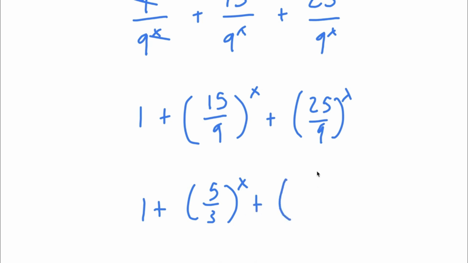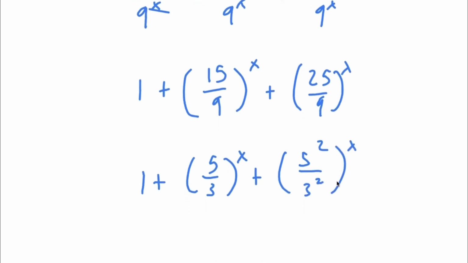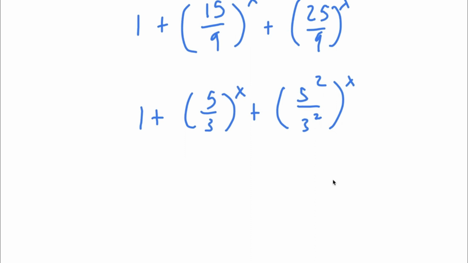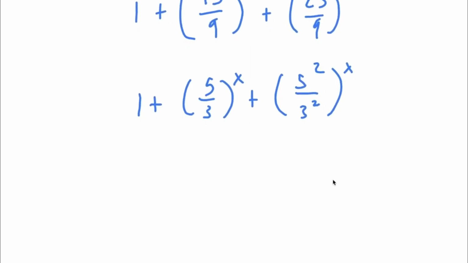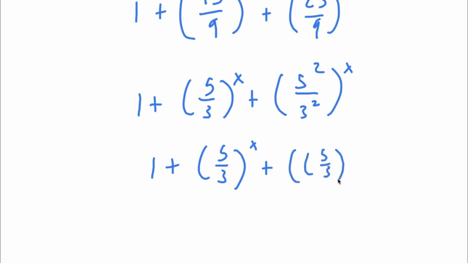Now 15 over 9 is going to simplify to 5 over 3. And 25 is the same thing as 5 squared, and 9 is the same thing as 3 squared. Now, I can write 5 squared over 3 squared as (5 over 3) to the power of 2, to the power of x.